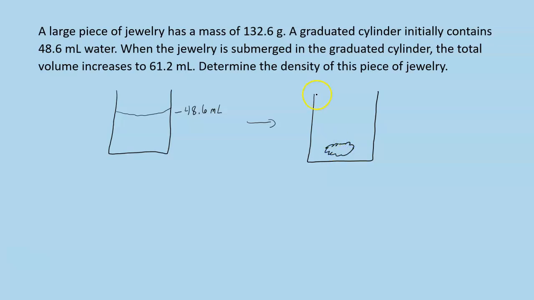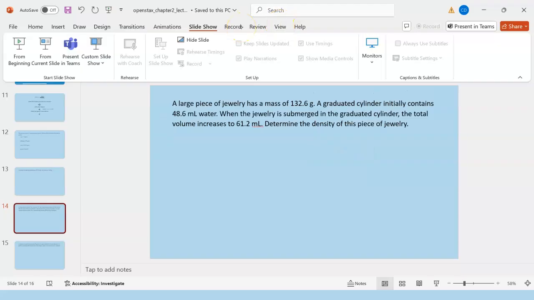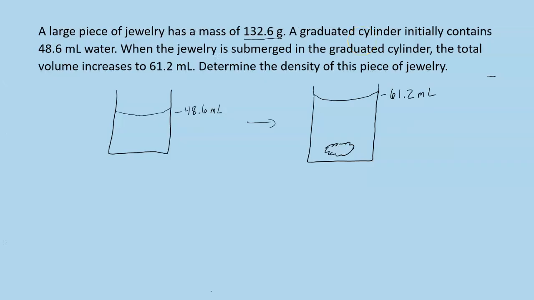Then we're going to add to this graduated cylinder a piece of jewelry, and that's going to raise the volume of the graduated cylinder to a new height of 61.2 milliliters. If we want to determine the density of this piece of jewelry, we need to know the mass, which they give us as 132.6 grams.